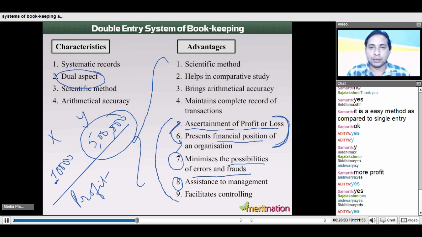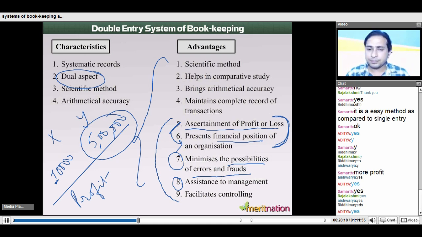This is the amount of assets that we have. So the management will be in a better position to take decisions, to form different policies.